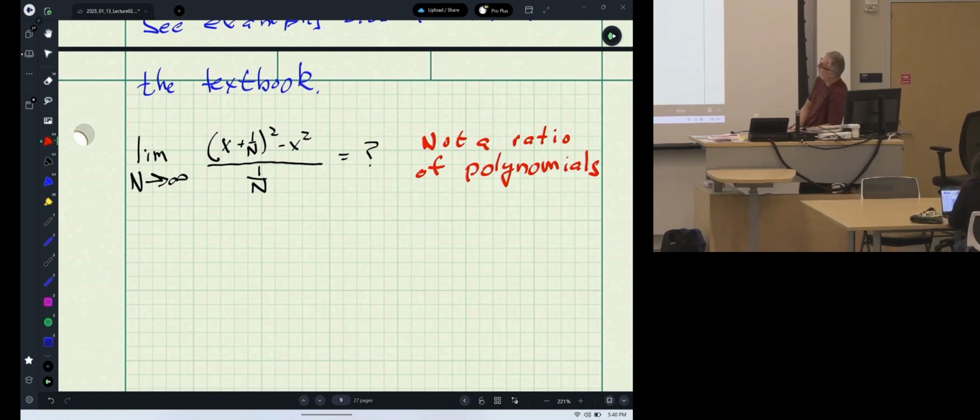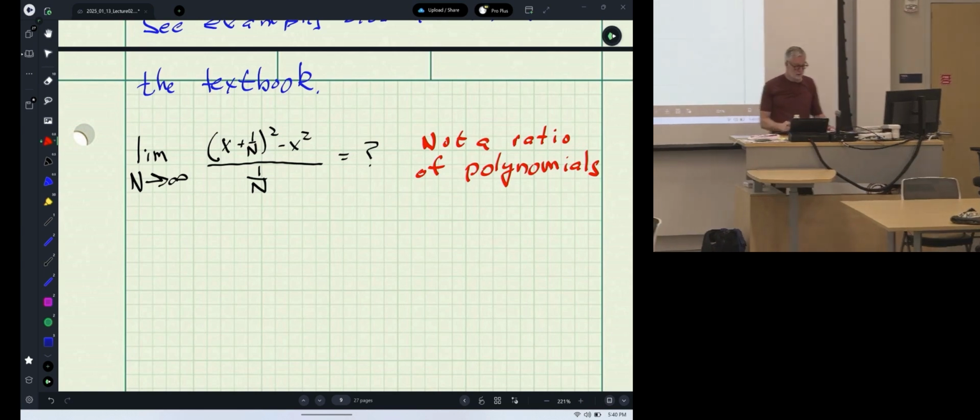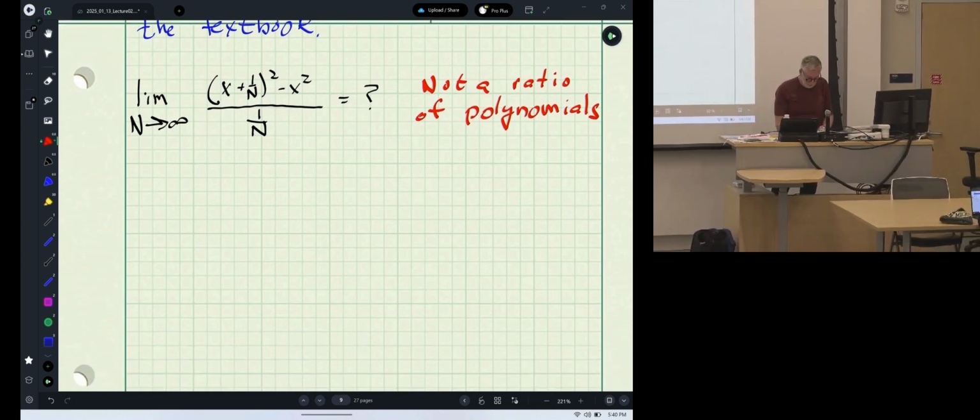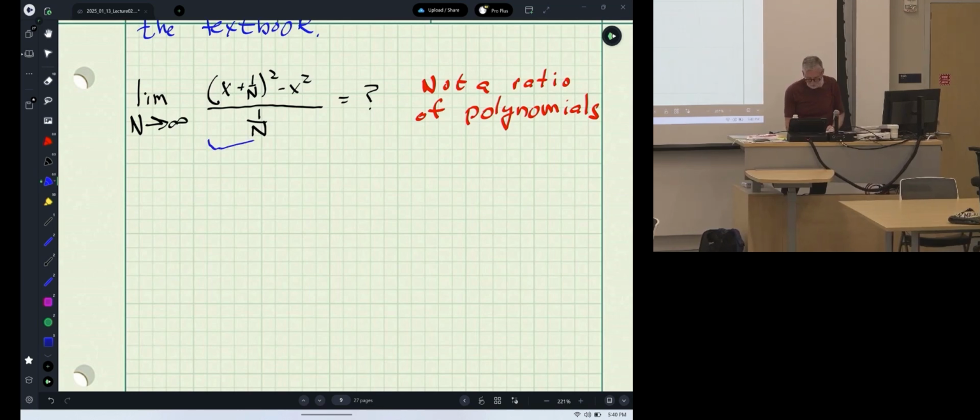We just developed all this beautiful theory when we had a polynomial over a polynomial. Remember, x is not the variable that's getting large. It's just a parameter in here. N, capital N, is what's getting large. How do you do it? You first simplify this via algebra. And once again, the burden of calculus almost always comes down to algebra.